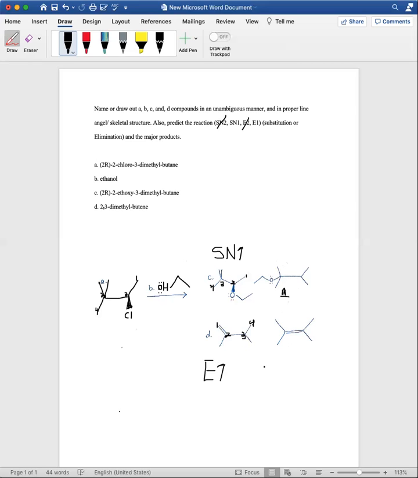Zaitsev's rule is that the alkene formed in greatest amount is the one that corresponds to removal of the hydrogen from the beta carbon having the fewest hydrogen substituents, which is a little bit hard, but it's easy to say. So the double bond wants to go to an area where there are not a lot of hydrogens around.